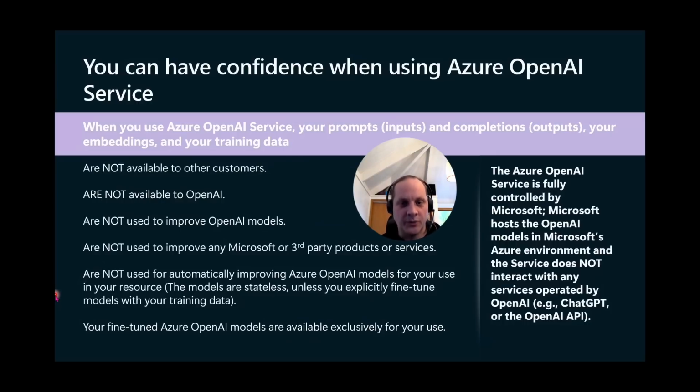They're not used for automatically improving the Azure OpenAI models for use in your resource. For example, it's not just going to improve the model for just you. It does not do that. Remember, model training and fine tuning is a massively expensive task. So there are a lot of reasons why this doesn't happen, with privacy number one, but cost is another reason.